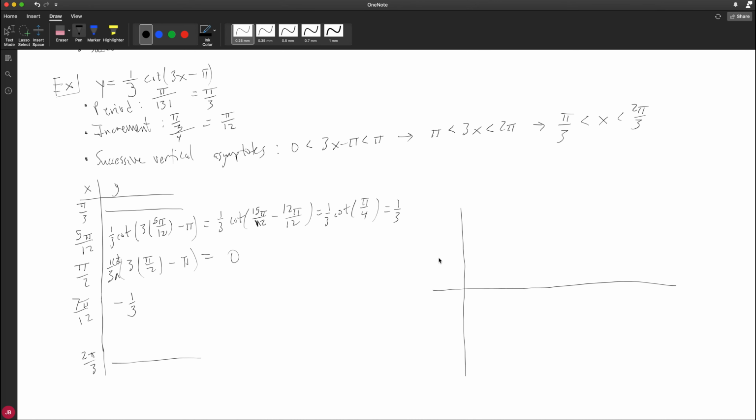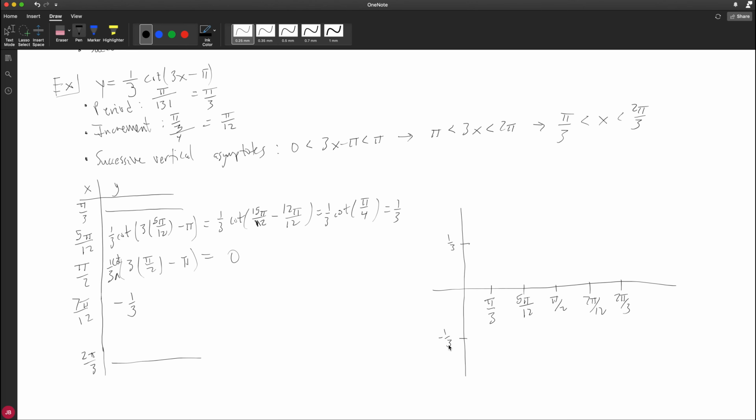And so pi over 3, let's say, is right here. Then the next one is 5 pi over 12. This is probably not to scale, but what are you going to do? Pi over 2, 7 pi over 12, and 2 pi over 3.